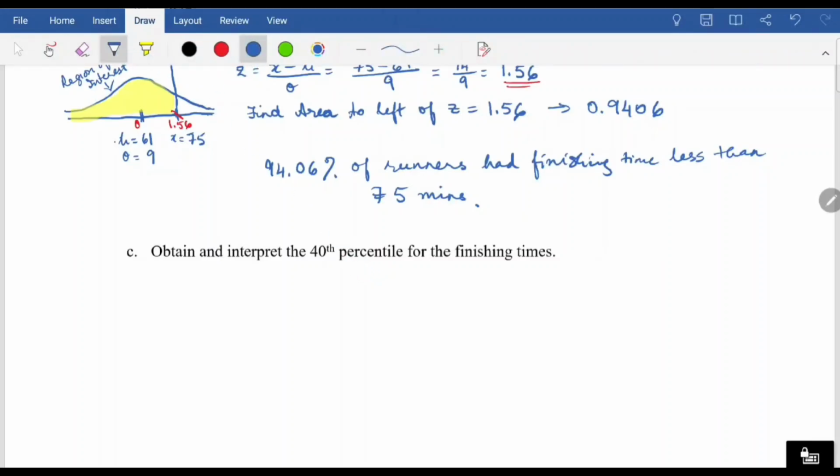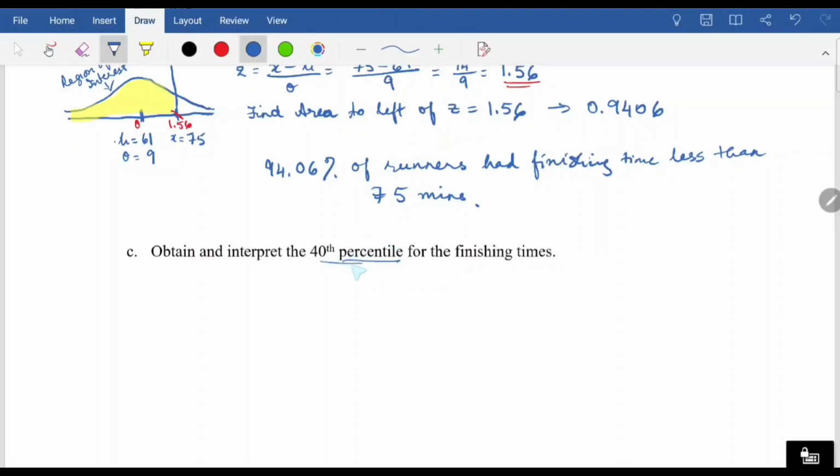What does percentile mean? Percentile is essentially the same as percentage, except that percentile also tells us that the percentage is to the left of a certain observation. So when somebody says you have been placed at the 40th percentile, that means that 40% of observations are below your score, or below the value you own.